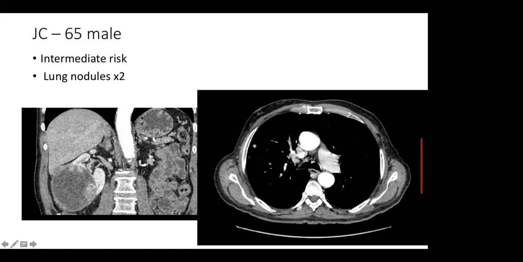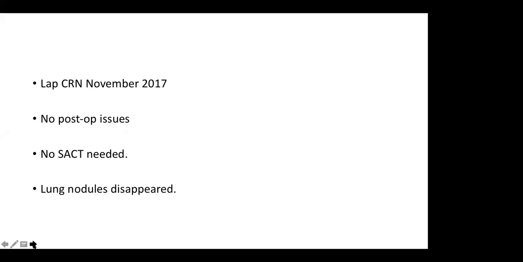Okay. So cytoreductive. I hope it's not really obscuring the view. So what we did was we did a cytoreductive about 4 years ago. He did not have any post-op issues. It was turning out to be a straightforward case. No sac needed, and the lung nodules actually disappeared.